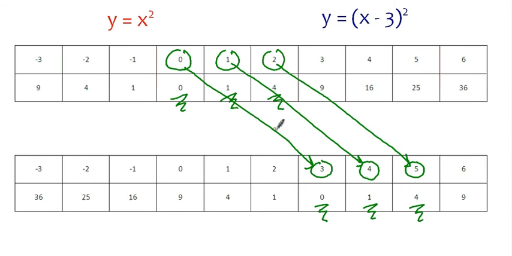When we go to graph the equation, we'll see that the entire graph is actually shifted 3 units to the right. And this demonstration helps to show why that is the case. As a shortcut to know where the symmetry occurs, we can ask ourselves, what value of x will produce 0 when we subtract 3?